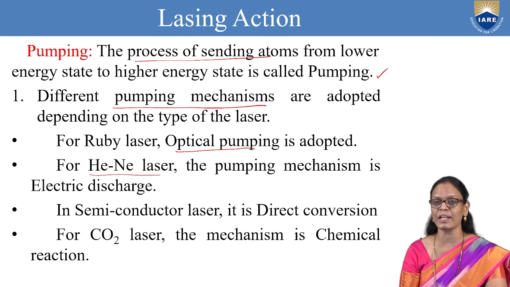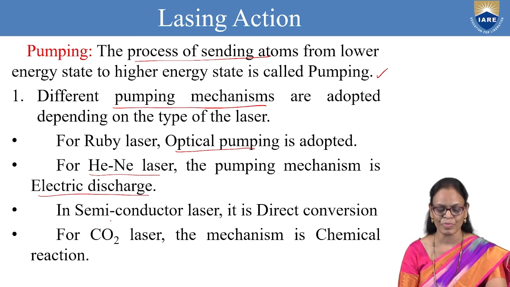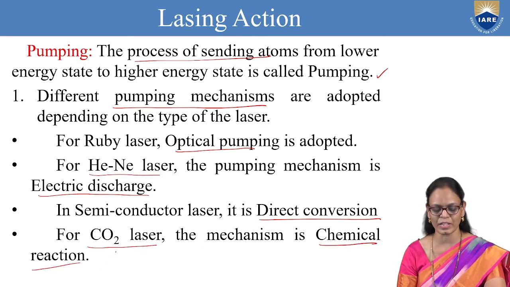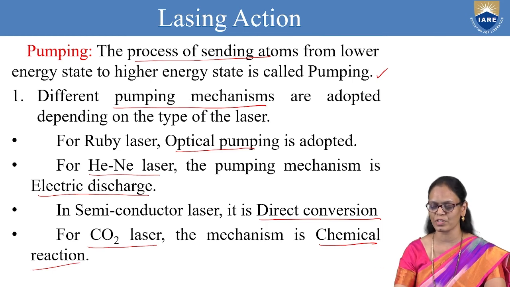In the helium neon laser, the pumping mechanism is electric discharge, because the helium and neon atoms gain energy from the electric discharge and are then pumped into the higher energy level. In the semiconductor laser, we use another method called direct conversion. And in the CO2 laser, the carbon dioxide laser, the mechanism we use is chemical reaction. Whenever there is a chemical reaction, the atoms are already in the excited state, thereby achieving population inversion.